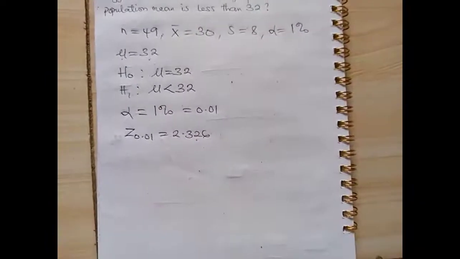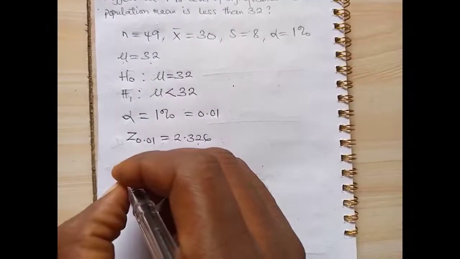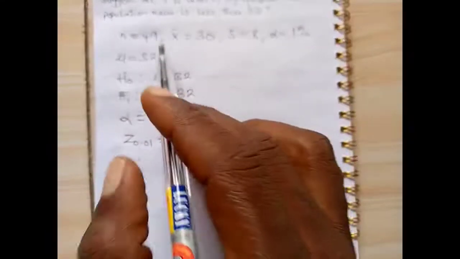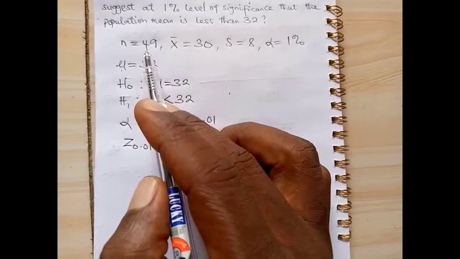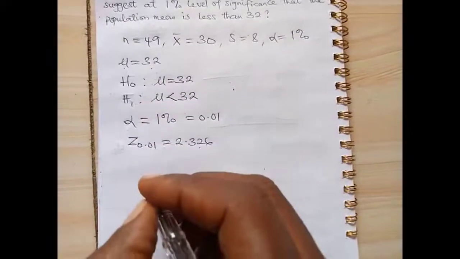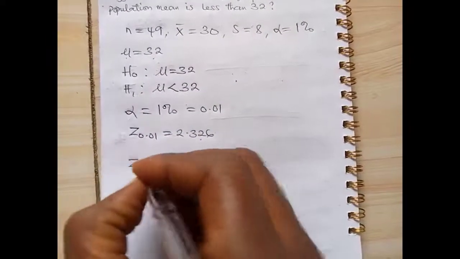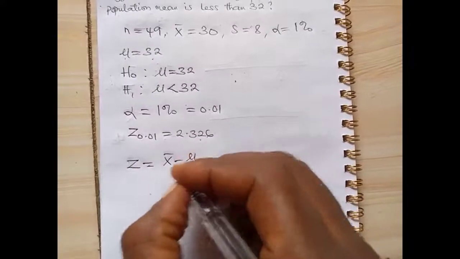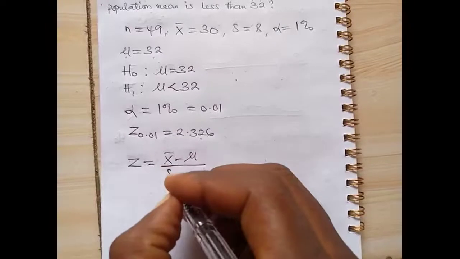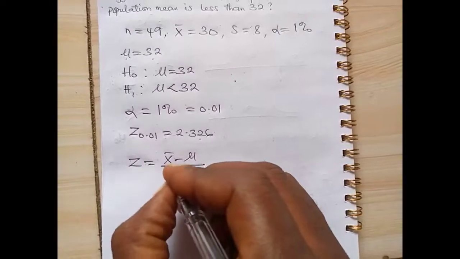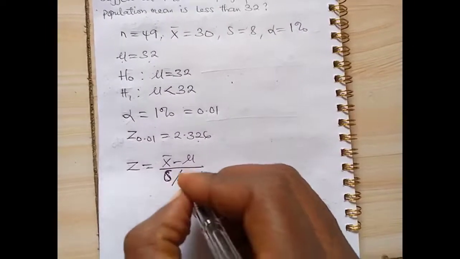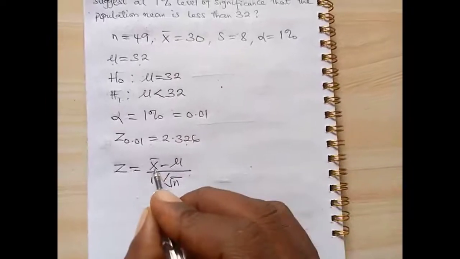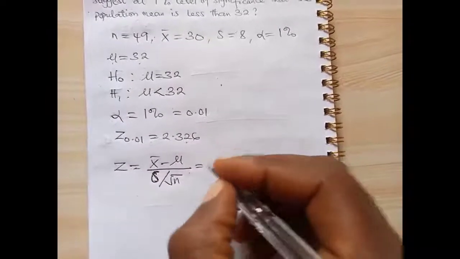The next one is to choose appropriate test statistic, which is because we have that sample size is 49, we're using z-test. And the formula for z is that z is equal to x bar minus mu over sigma over square root of n. We have already mentioned the meaning, so we just fix the values.